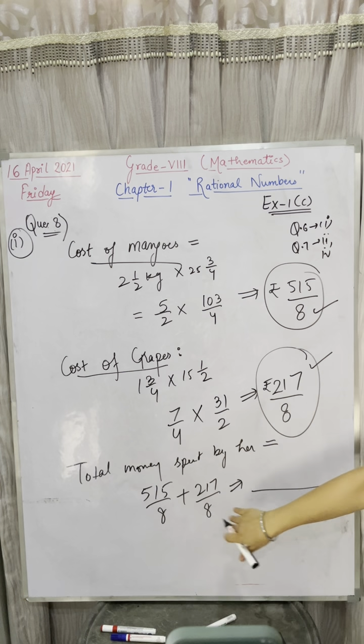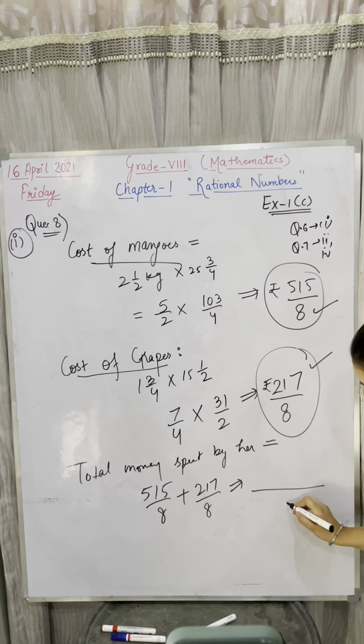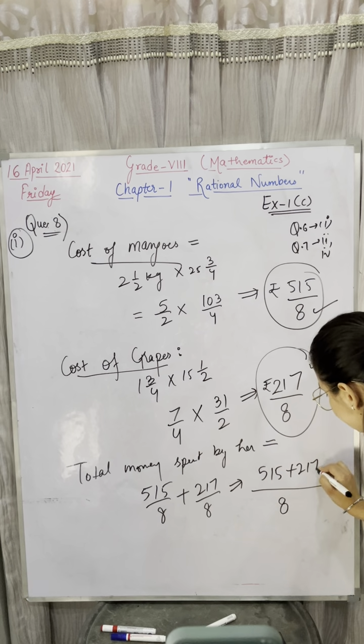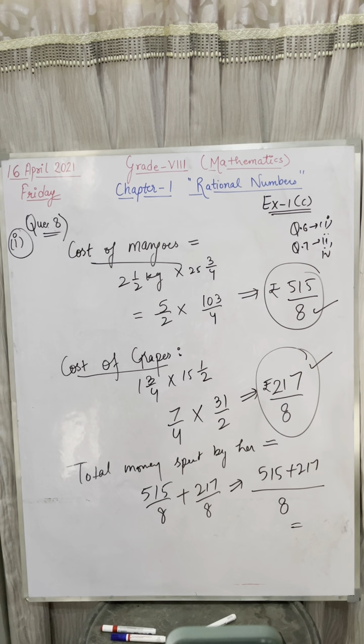If the denominators are the same, we'll write the denominator one time. And 515 plus 217 is equal to how much? 732. 732 divided by 8. Okay, so can we cancel this?